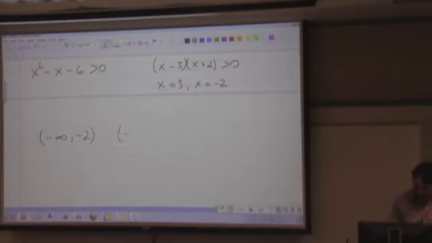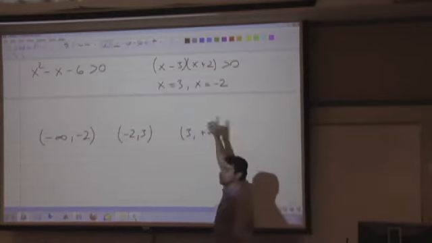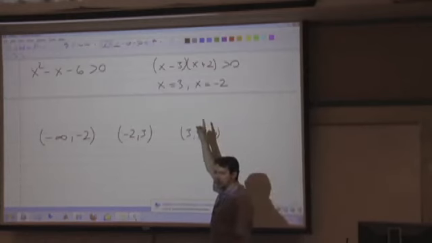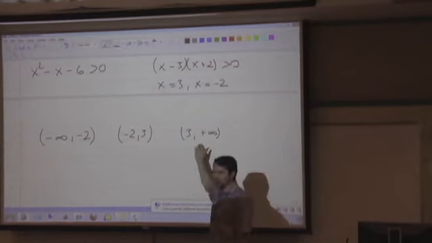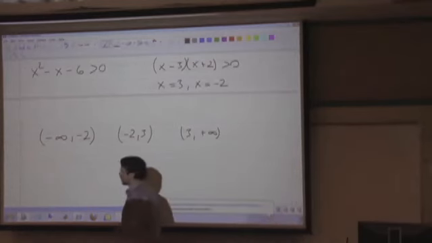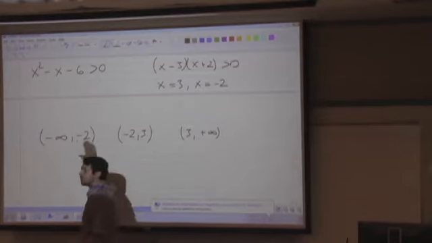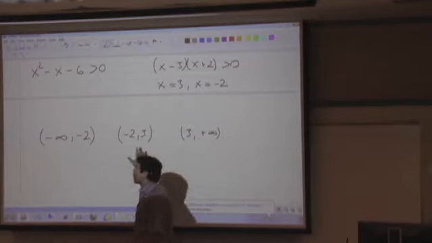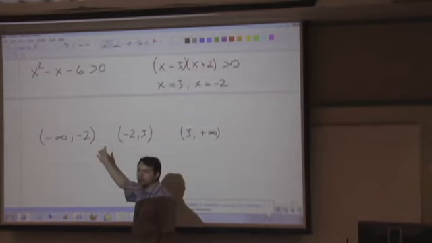The idea is those are the 2 points at which my expression is 0, and so that basically forms 3 intervals. The way we learned in pre-calculus to solve these is to test each of these intervals to see if your inequality is in fact true or not.